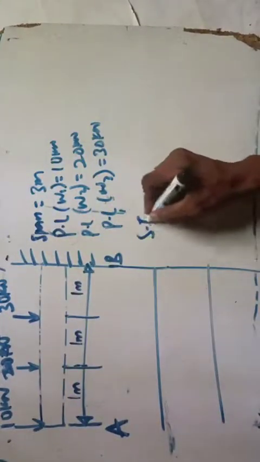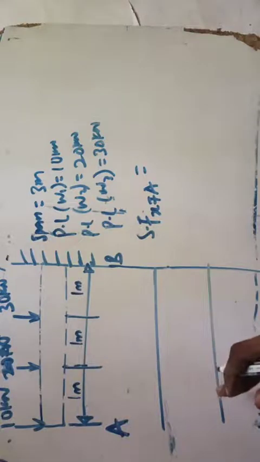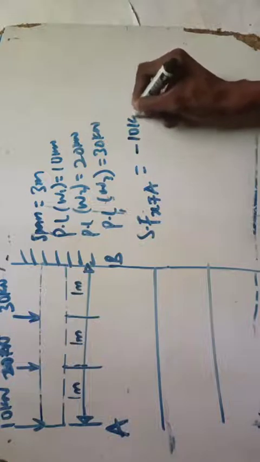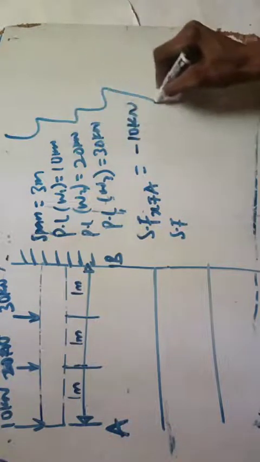Now in this place here, what do you do for shear force? First, at point x equal to A, what's the shear force? It is negative of what? 10. Very simple. That is minus 10 kilonewton shear force. I will draw my bending moment here as well.